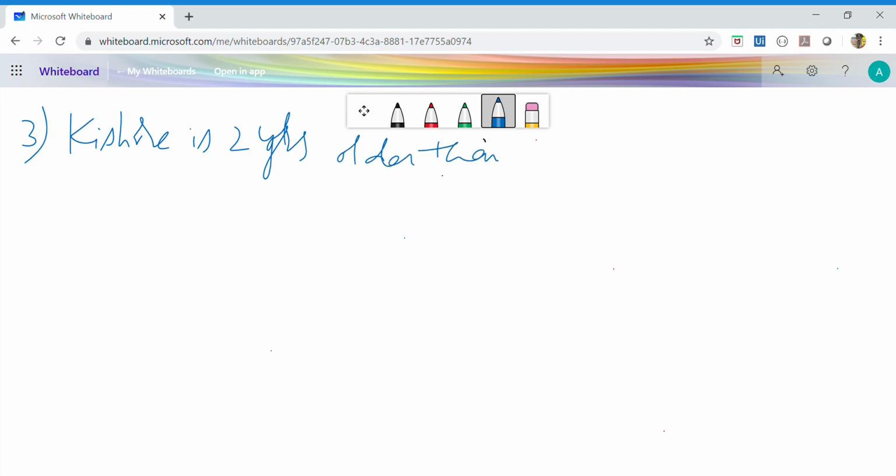Next. Kishore is 2 years older than Rakesh.